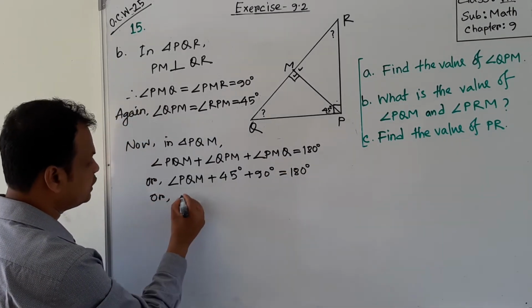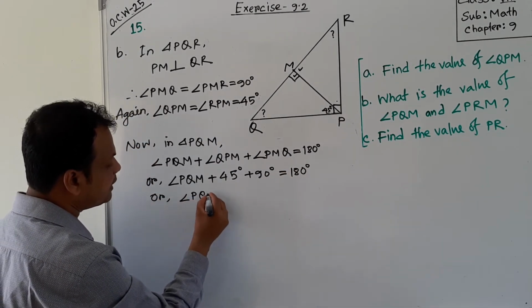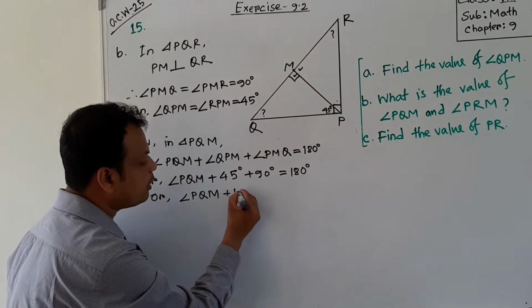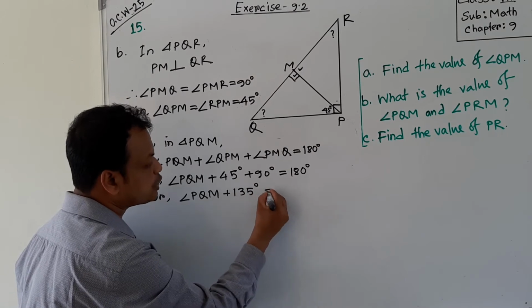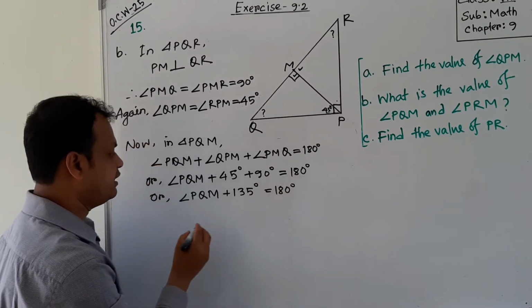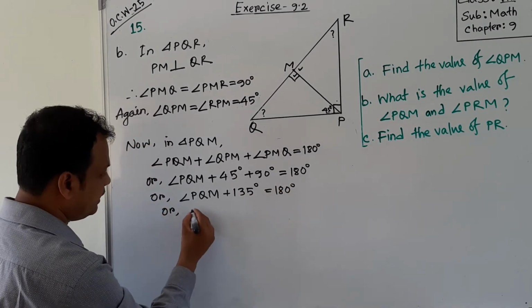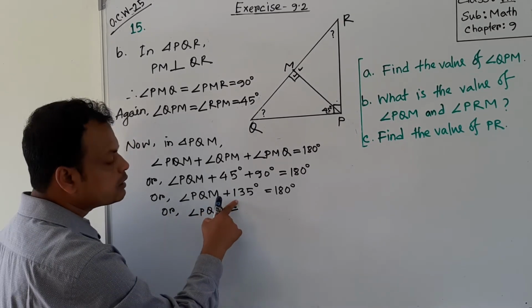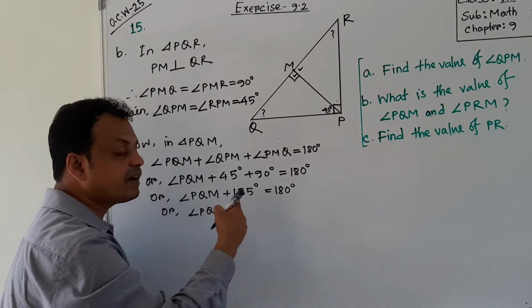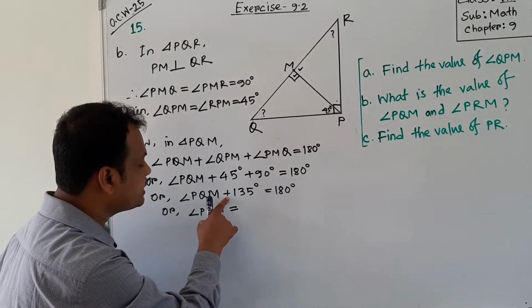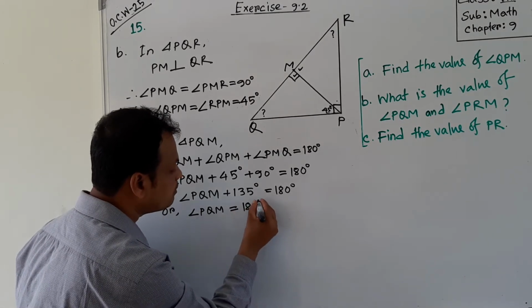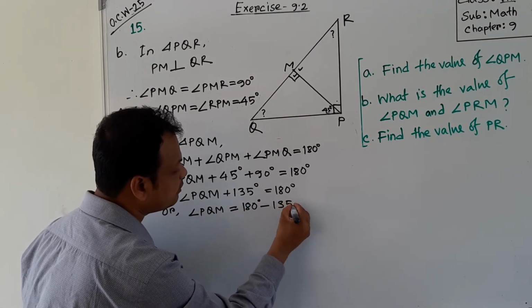Or angle PQM plus 45 degrees plus 90 degrees, it will be 135 degrees equals 180 degrees. Or angle PQM equals, this 135, change its side, here is plus, when we change its side then it will be minus, 180 degrees minus 135 degrees.